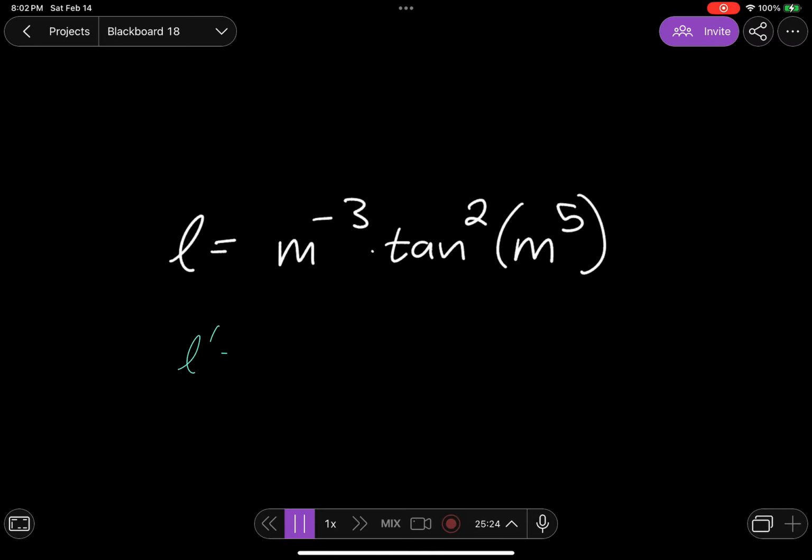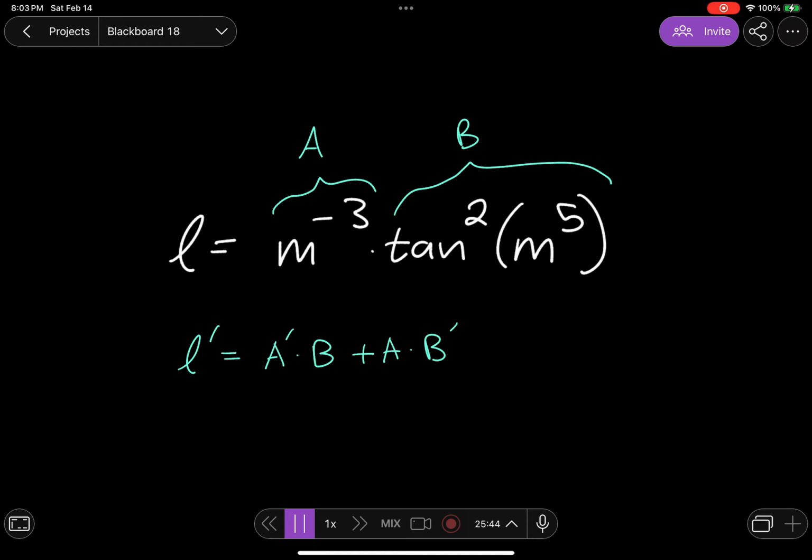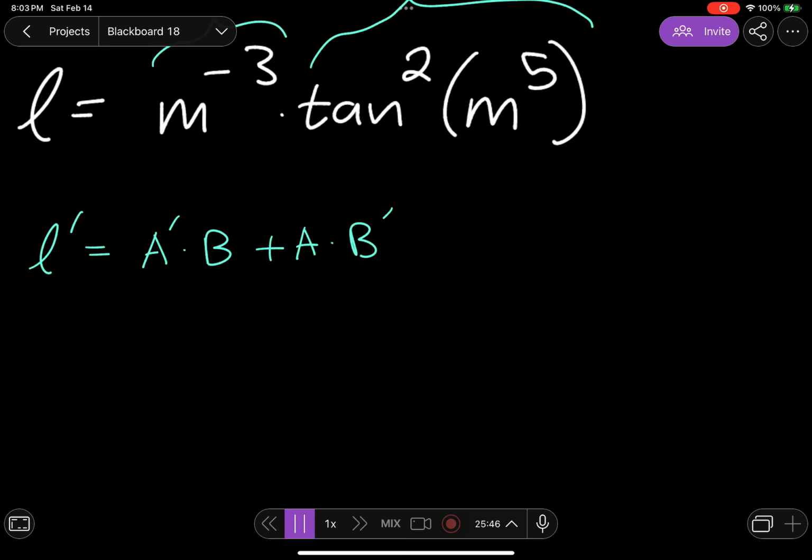I have that L prime is equal to, since this is the first product rule for the video, I'll label things. So let's do A and B. That means that L prime is equal to A prime times B plus A times B prime, which means I have two pieces to find.